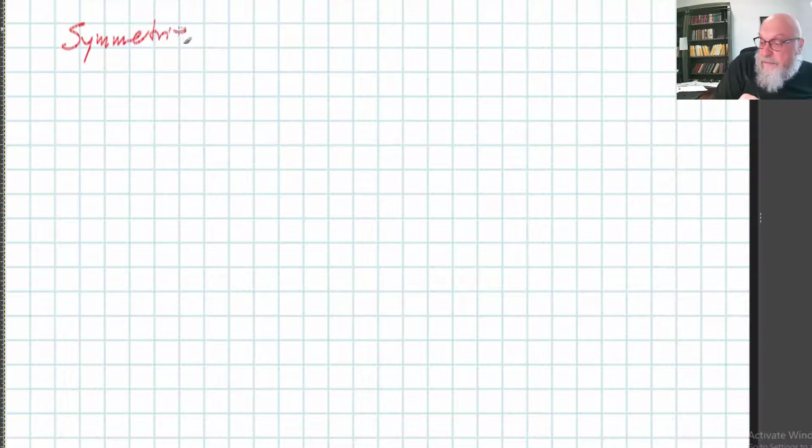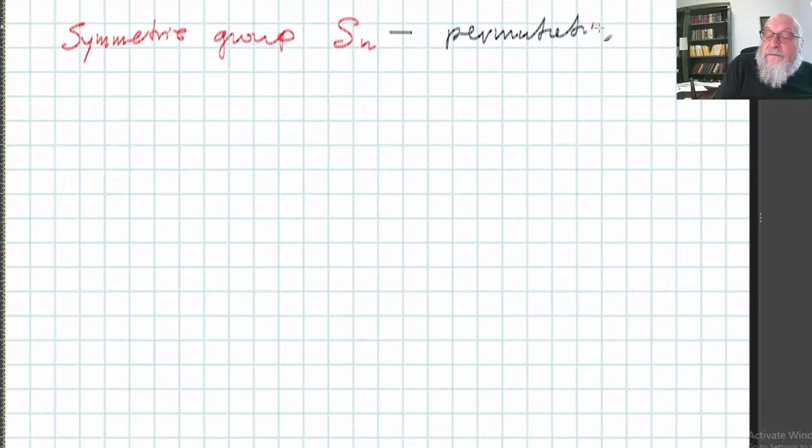So let's move on, and maybe let me recall the notion of the so-called symmetric group. So the next example is a symmetric group Sn, which is the permutation group of n elements.